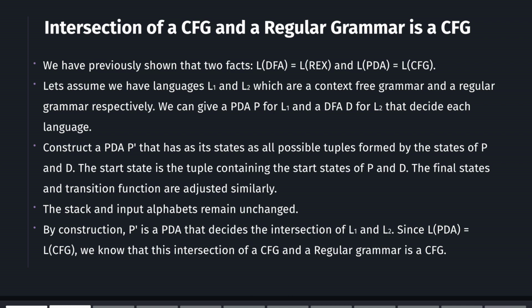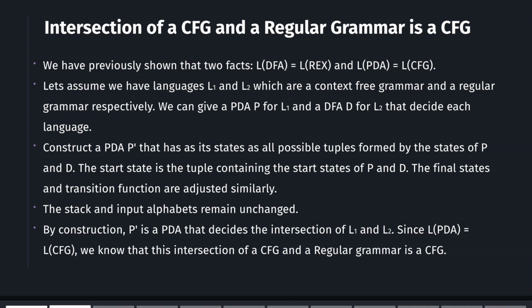Now construct a PDA P prime whose states are all possible tuples formed by the states of machine P and machine D. The start state is the tuple containing the start states of P and D, and the final states and transition functions are adjusted similarly. The stack and input alphabet remain unchanged.